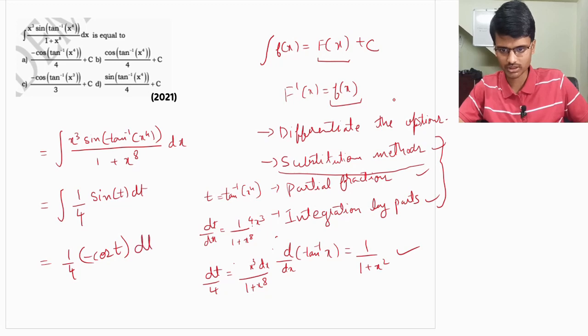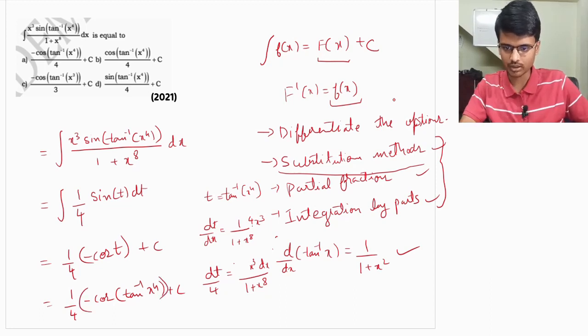So it is 1 by 4 minus cos t plus c, and dt is gone. What is my t? t is nothing but tan inverse of x power 4. So the answer is 1 by 4 times minus cos of tan inverse of x power 4 plus c. Which of the options matches? I think option A matches, right? Minus, yeah.